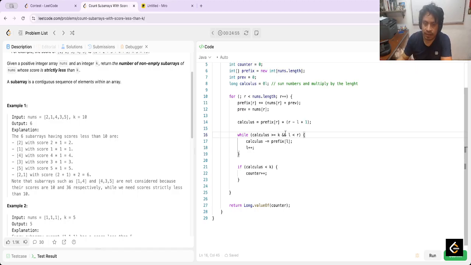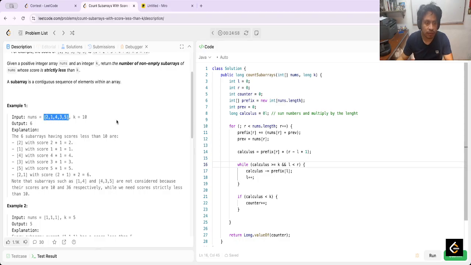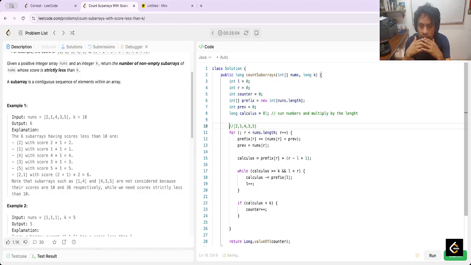Okay, but well, in this case we start with 0. Here we have 2, 1, 4, we started with the 0, prefix in the position R, that is 0, plus equal nums, that is 2, plus the prep, that is 0, means that 2, and prep now is 2, and now prep it's equal 1.